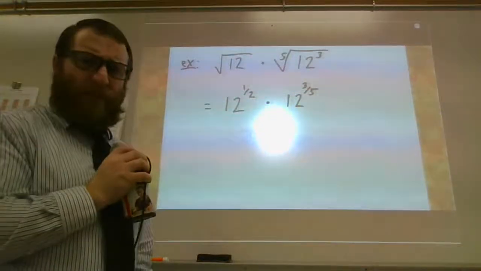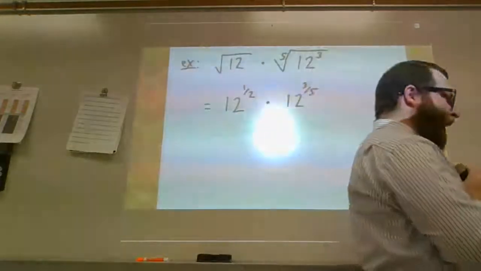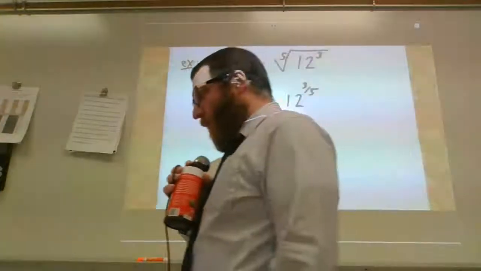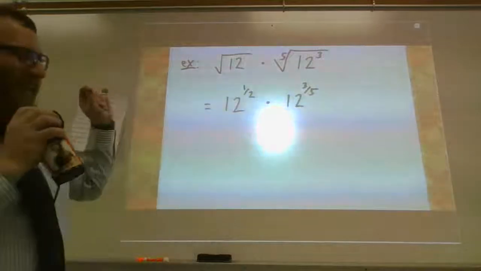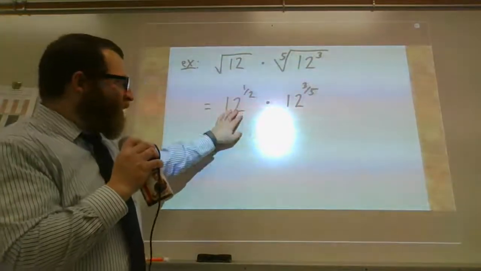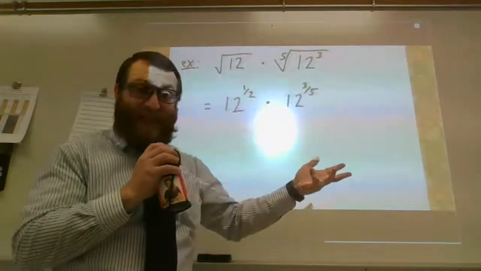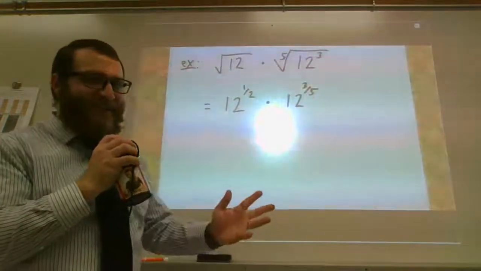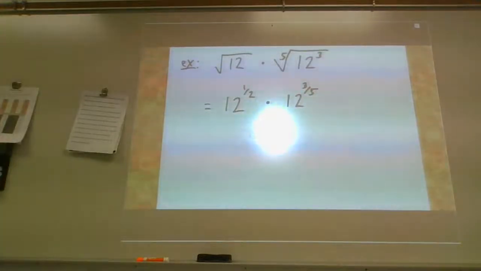It just looks different. And the reason why it's better for you to convert to fractional exponents, number one, they don't have the same root. But now, base of 12 times base of 12, I'm supposed to add the exponents together? Yes. But Mr. Markey, they have different denominators. Yes. So you have to find a common denominator. 2 and 5, common denominator, 10.